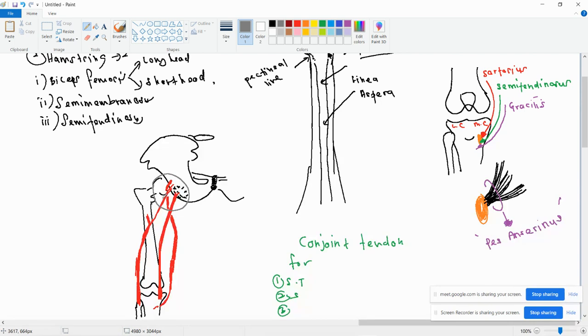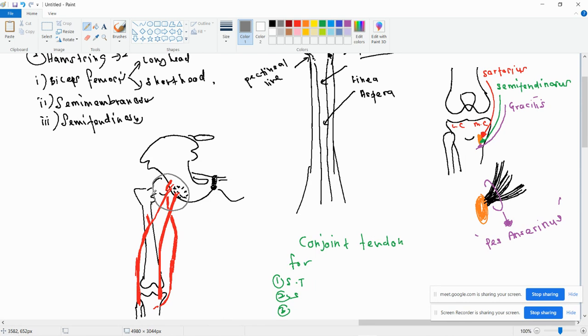So meaning that in terms of hip extension, class, right? If I say to you now, my statement is: short head of biceps femoris acts as a hip extension muscle. You should know whether it is true or false.